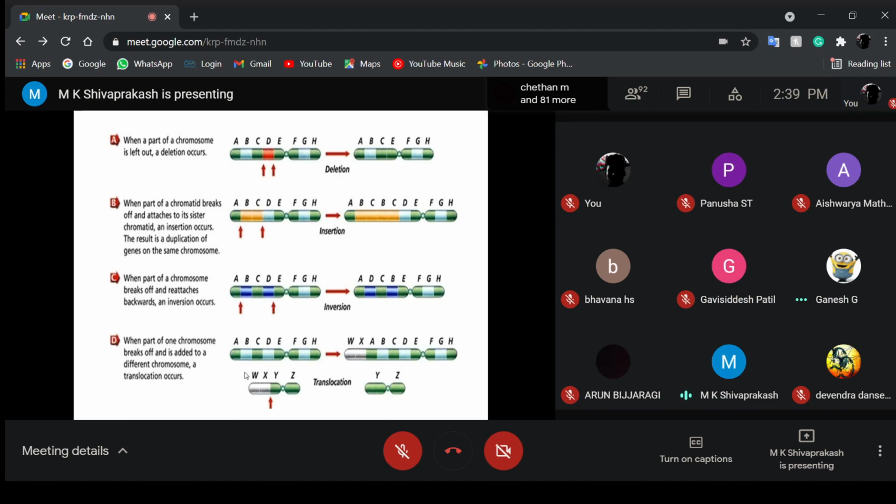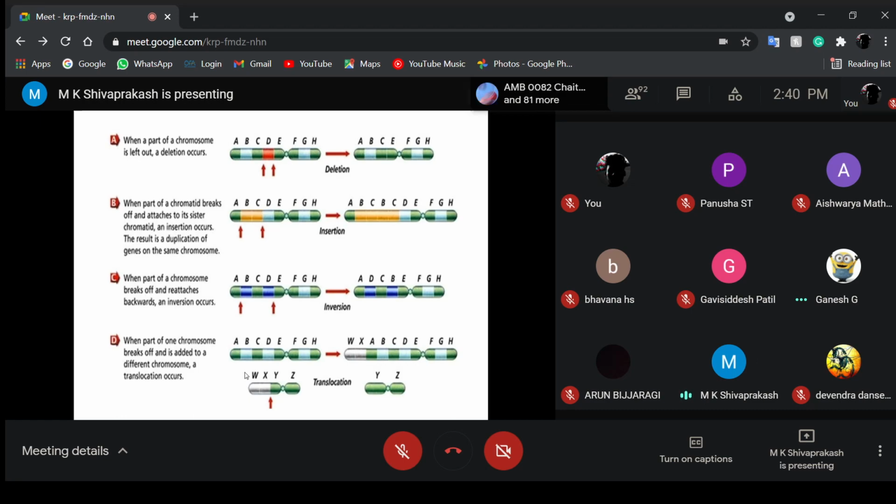Then another is when part of a chromosome breaks off and reattaches backwards, an inversion occurs. Here, part of the chromosome breaks off and attaches in the backward direction.